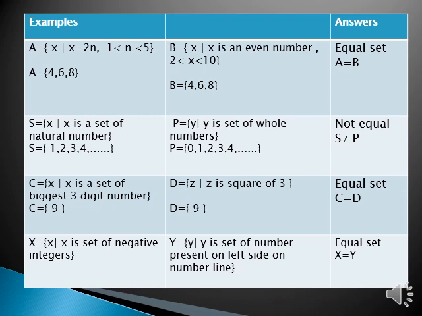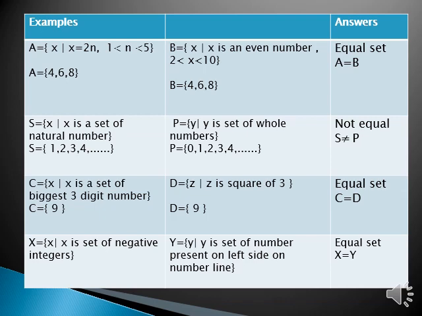Again whole numbers are infinite. So P is a set of elements 0, 1, 2, 3, 4 and so on. If we compare these two sets, except 0, all other elements are the same. But 0 is not present in the natural set, therefore these two are not equal sets.